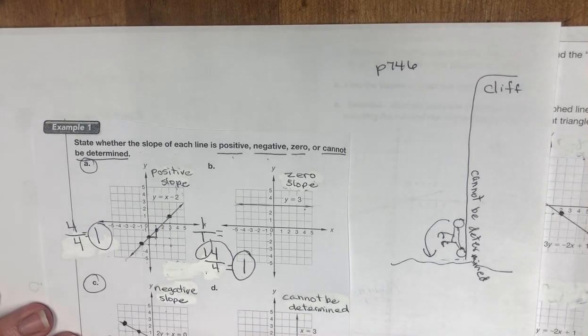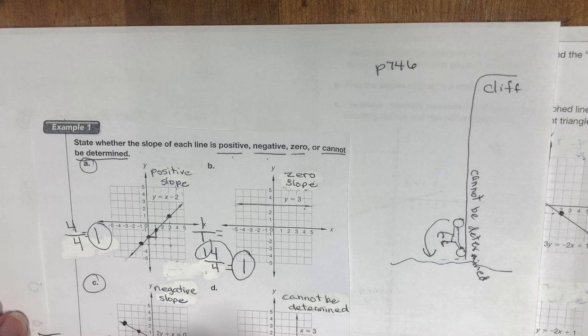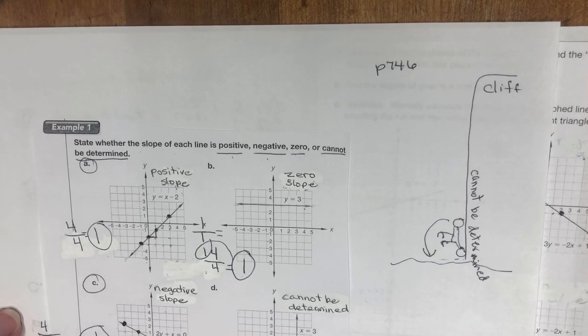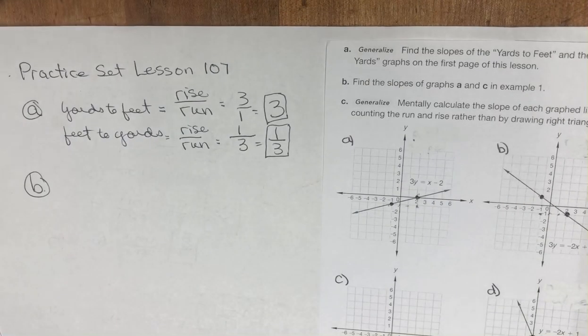My run is 1, 2, 3, 4, 5, 6, 7, 8. That's a -8 over 1, 2, 3, 4. Positive divided by negative is going to make it a -1/2. It turned out just the same as when I did it this way. So there's no problem with doing that.